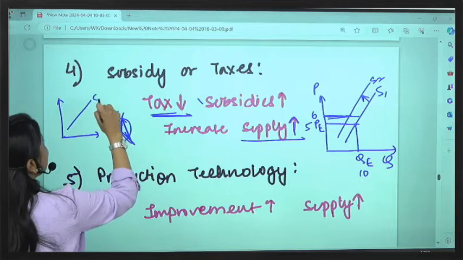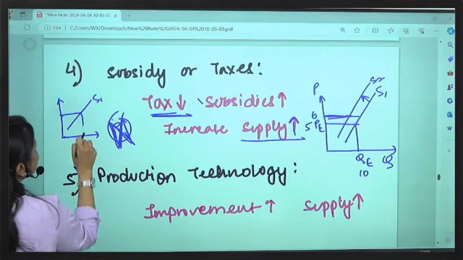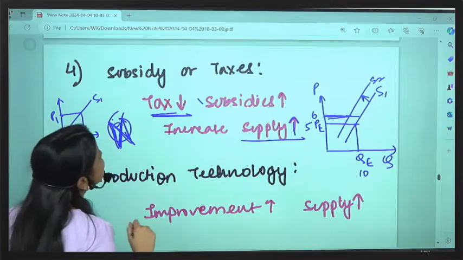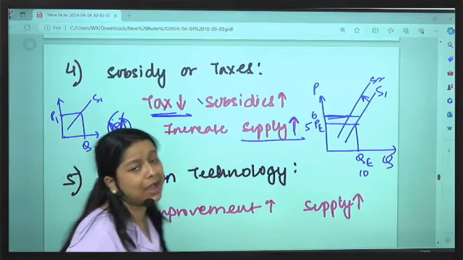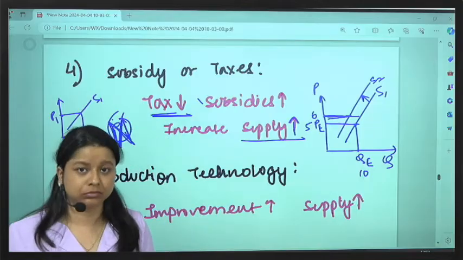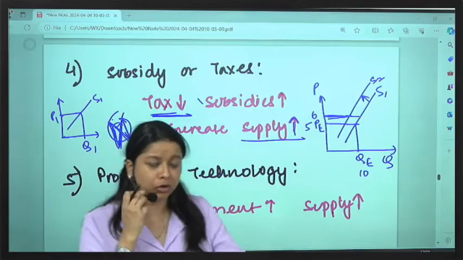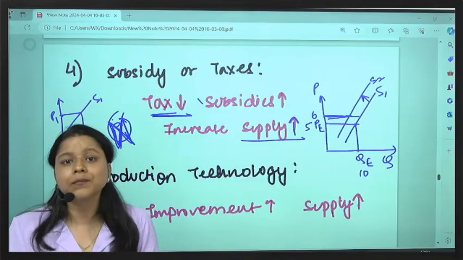So if this is my S1, let's say suppose this is my price, this is my quantity, P1, Q1. And now if I'm saying that government has reduced the taxes, they have made it cheaper. Okay, LPG. If you follow the news, they have recently reduced the tax on LPG.